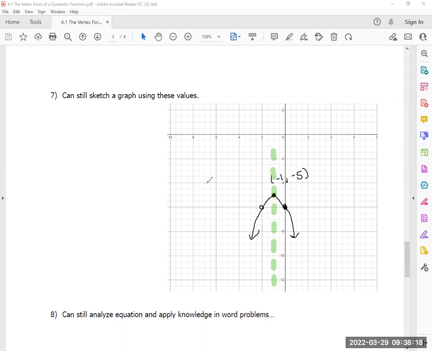And of course, if you have all this information, you can use it to solve word problems as well. But that's like 2-3 steps from where we are right now. My task for you, and we're going to do this together, is to be able to look at an equation and pull all that information out quickly.